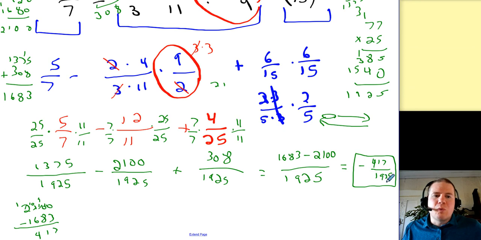Now, what are the factors of 1925? 7, 11, 5, and 5. 7 times 6 is 42, so 420 is a multiple of 7. This is only 3 away, so 7 is not going to work. 25, that's 5 times 5. 5 doesn't go evenly, it doesn't end in a 5 or 0. 11, well, 7 plus 4 is 13.